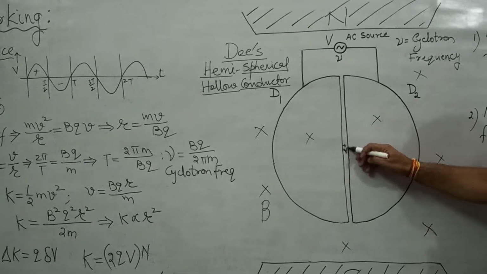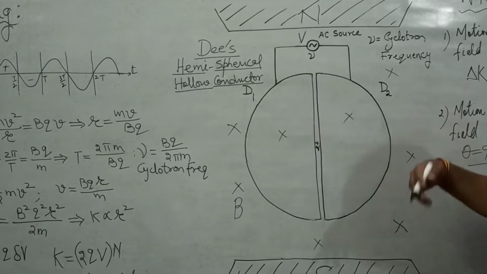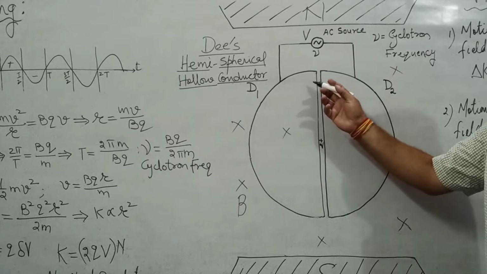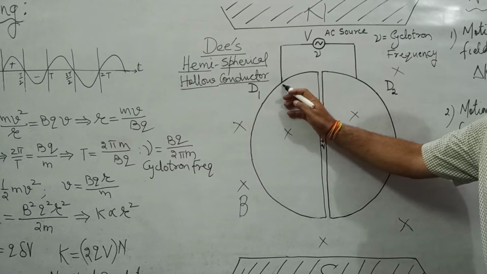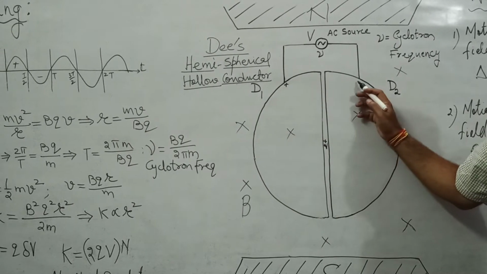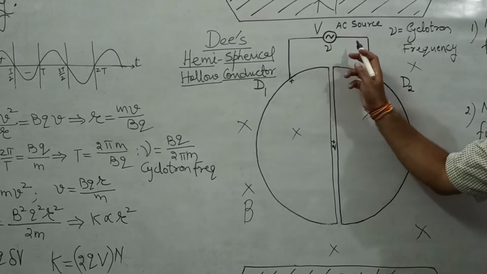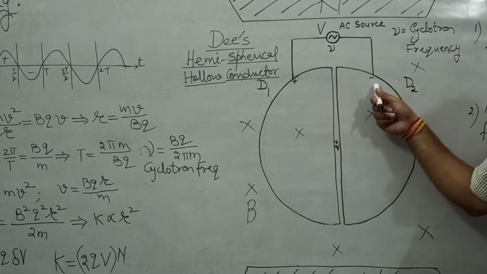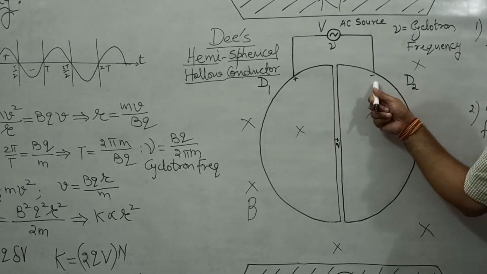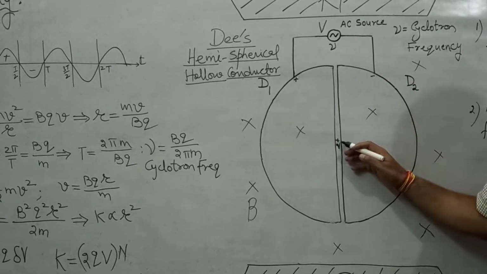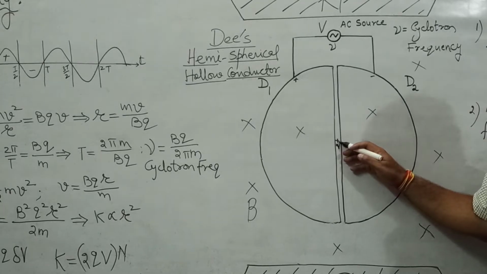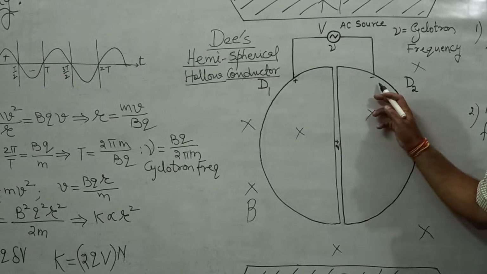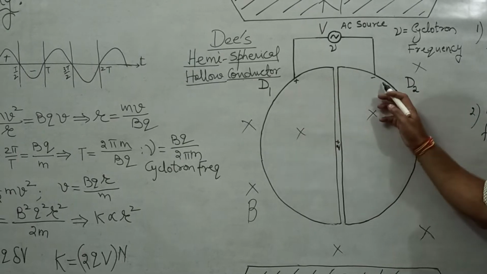This is the charged particle Q. At the instant when we introduce the charged particle, either this D is going to be positively charged and this D negatively charged because of the alternating source connected across, or the other way around. So let's assume that the moment we introduce the charged particle, this D is positive and this D is negative.